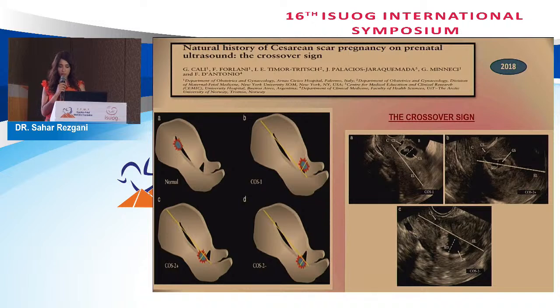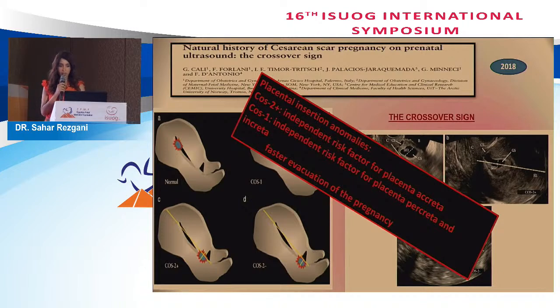And finally, the classification of 2018, the crossover sign, and we have placental adhesion abnormality. The crossover sign, less 2 or plus 2, gives an independent risk factor for placenta accreta, but the crossover sign less 1 is an independent risk factor for placenta accreta and increta.